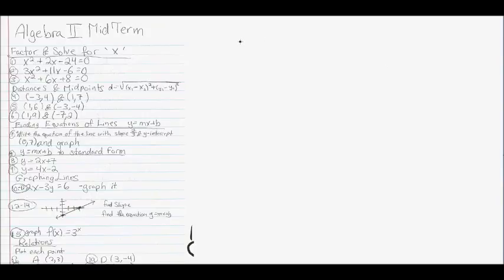All right, next we have to write y equals 2x plus 7 in standard form. So all we're trying to do is get the y by itself on one side and the variables together. So we subtract 2x from both sides.